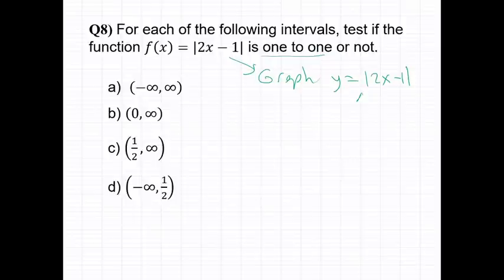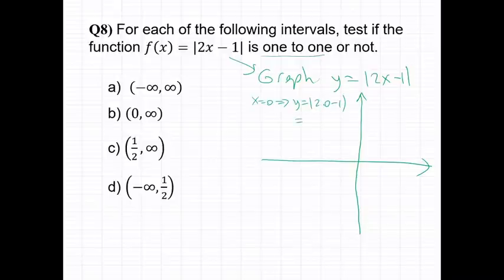So when you make the graph of this, okay, find the y-intercept. When x is equal to 0, it passes through 1. Let's say this is 1.